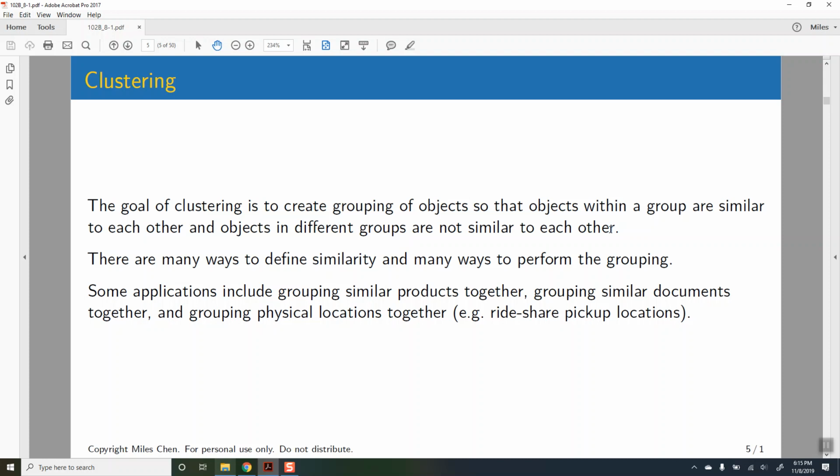So the big idea is we want to create groupings of objects so that the stuff in a group are similar to each other, and when you have different groups, they are not similar. And there are all sorts of ways to define similarity.